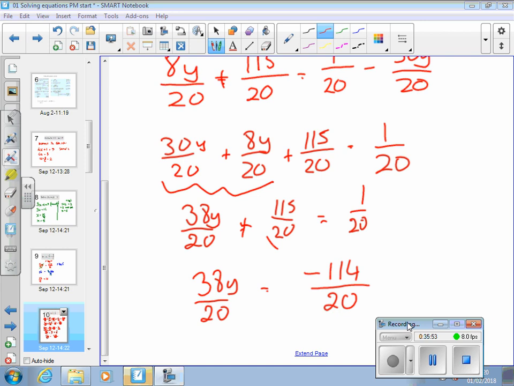Now can we simplify those two fractions? If you divide that by 20 you end up with 1, but if you divide that by 20 you end up with a decimal.